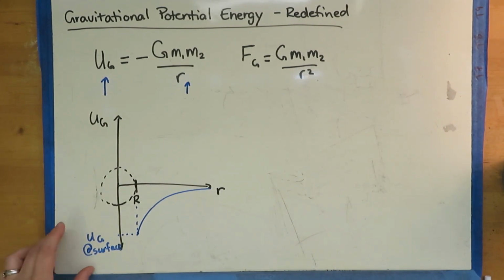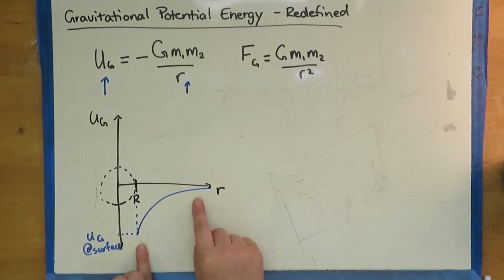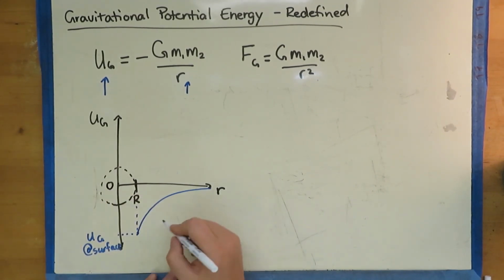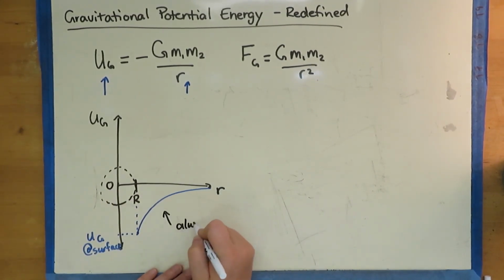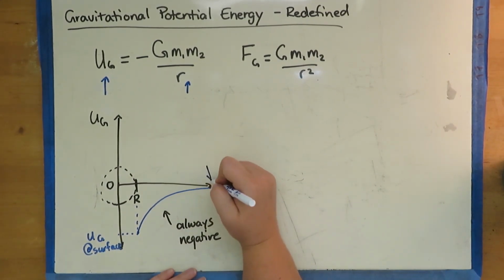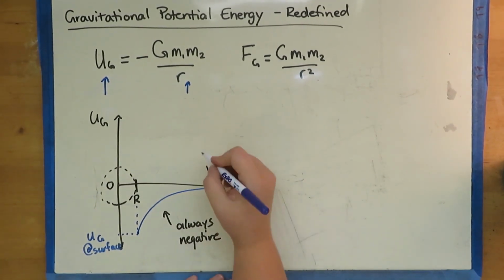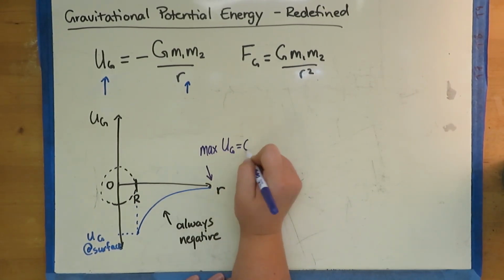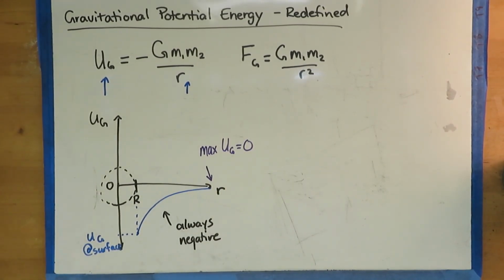So when you're looking at this, this is by definition an increasing function, but our potential energy is always negative. And our relative maximum over here would actually be 0. Our maximum universal gravitational potential energy is equal to 0.